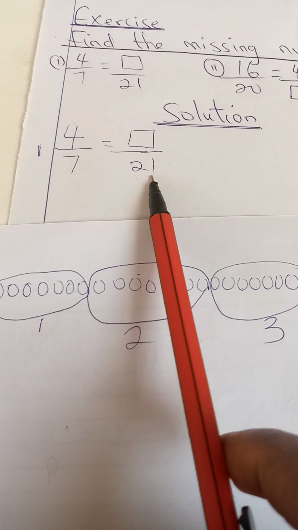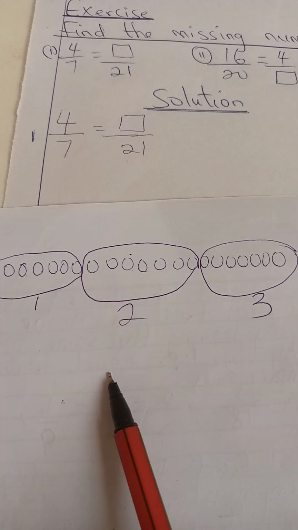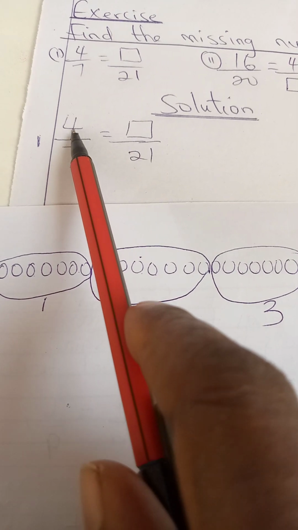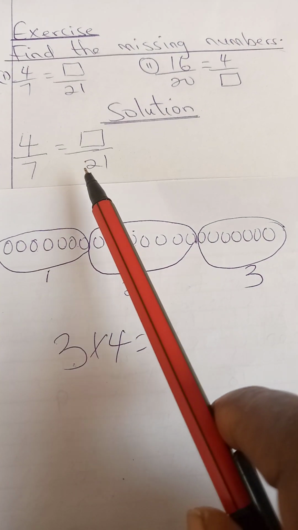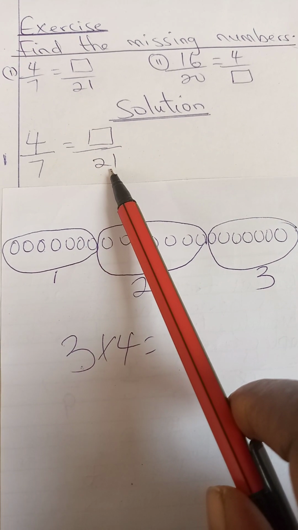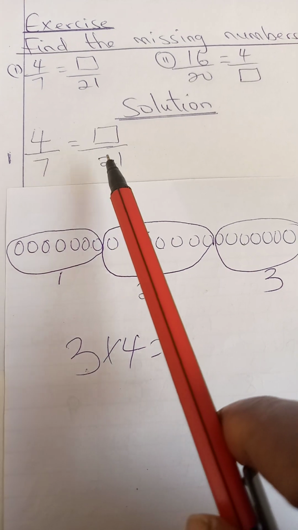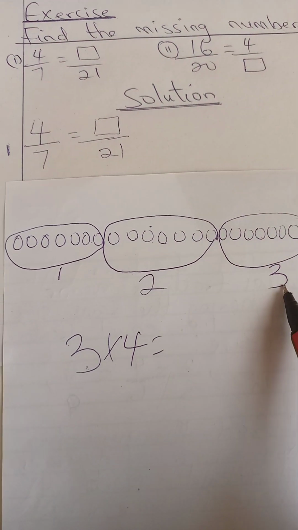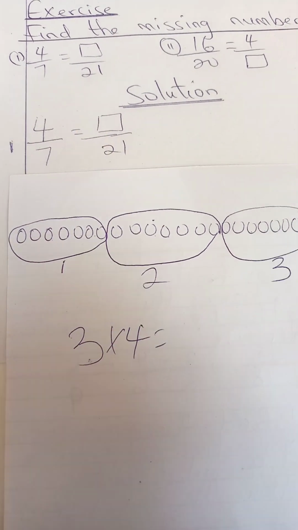That's the right hand side. For that reason, the answer that I've gotten here, which is 3, I'll multiply it by 4. As I've explained earlier, I check if the big number is on the right hand side or on the left hand side. If it's on the right hand side, the answer that I've gotten after dividing, I write it out and multiply by the numerator.